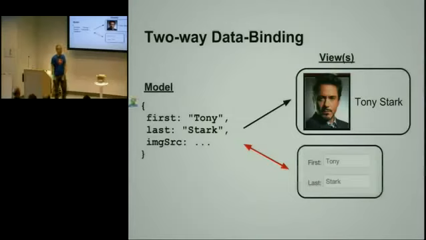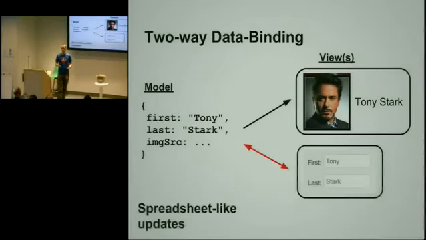And as we see, it's populated with the same values, the first name and the last name. And as I change the values in this field, the model will update automatically. And that change will propagate back to the original template, and it will also update the view that is bound through the one-way data binding.